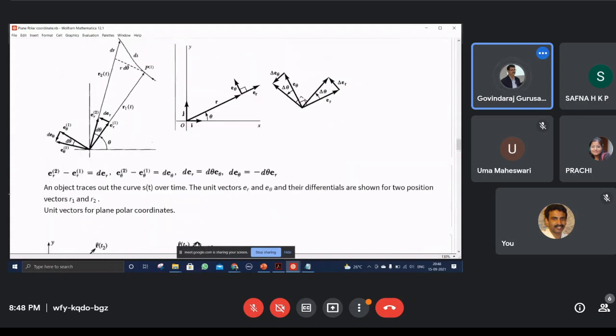Look at this now. I have a theta, and theta is varied by a small amount d theta. This is the direction of ER, and this is ER which has moved to, you can see, unit vector. This unit vector has moved from here to here. This is the change, dER.